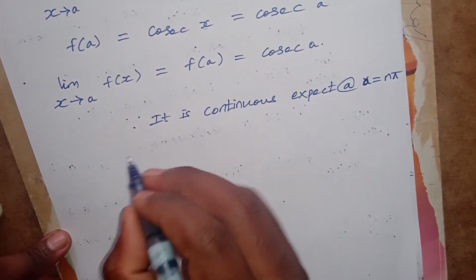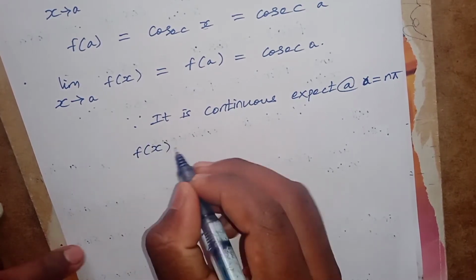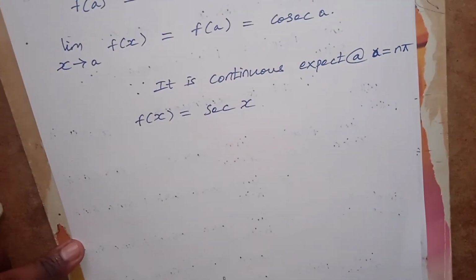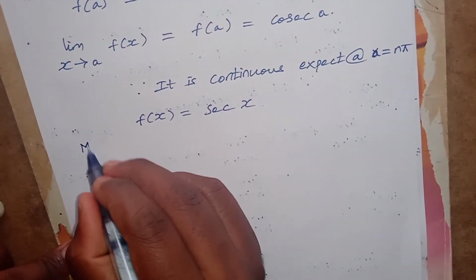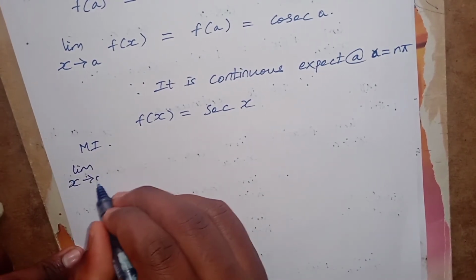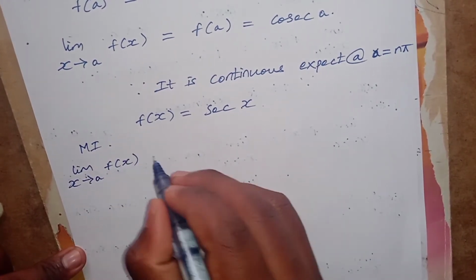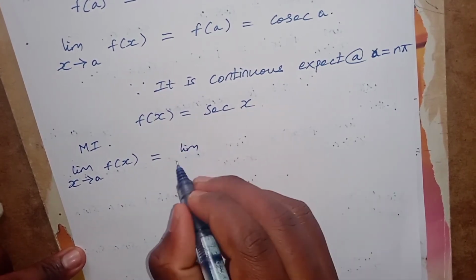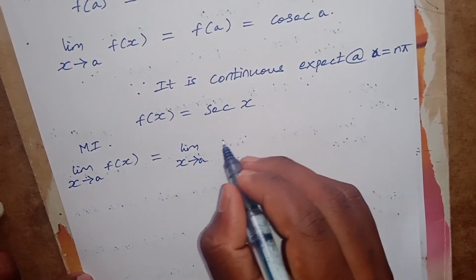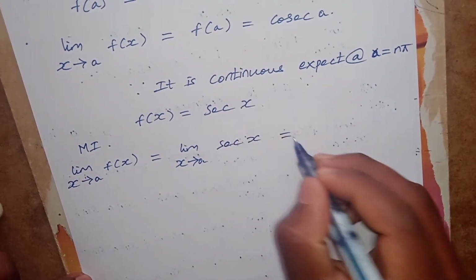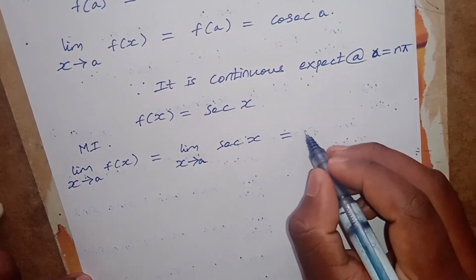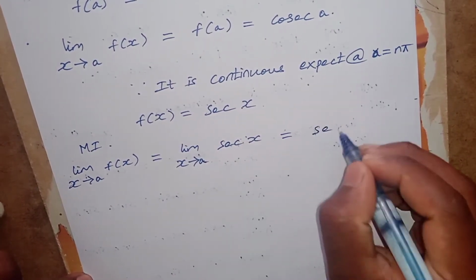Next, f of x is equal to secant x. Okay, for secant x you have to find, similarly by method 1, limit x tends to a, f of x is equal to limit x tends to a. In the place of f of x, here my function is secant x. Here in the place of x you have to substitute the value of a, secant a.